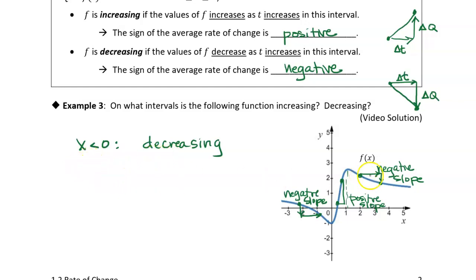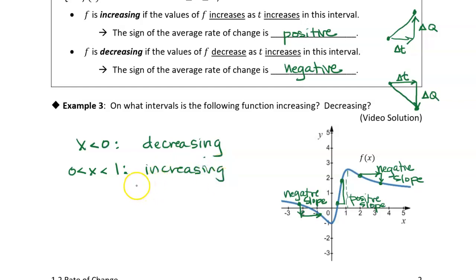And then we have another portion of the graph between 0 and 1, where we saw that if we choose any 2 points, as we increase x, we increase f of x. So it's increasing on that portion of the graph.